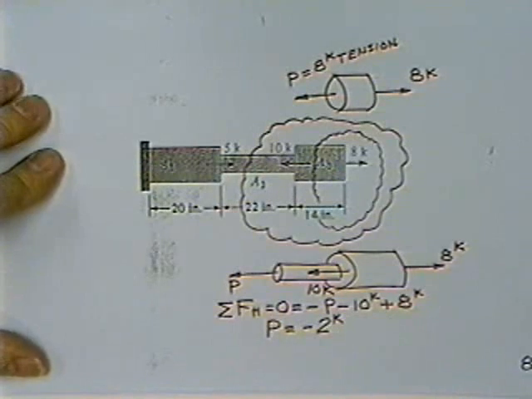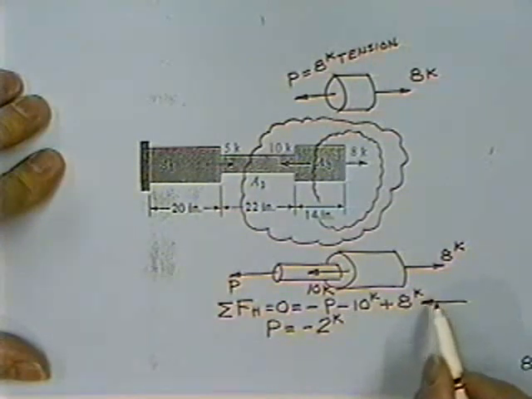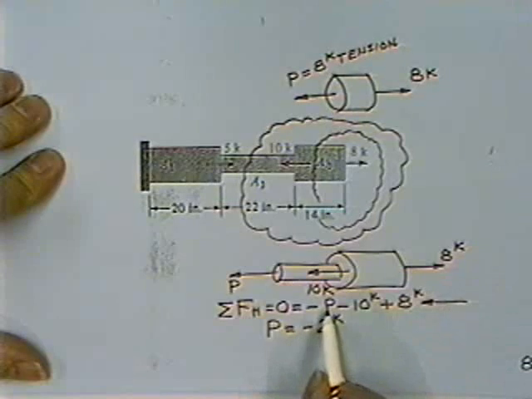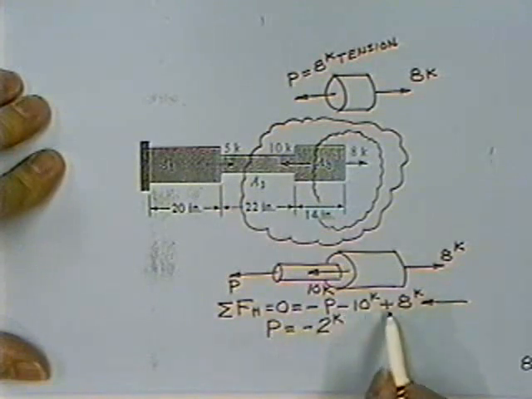Now, the minus sign really does not mean that P goes left or that P goes right. In this equation, when you said minus P, the minus P really meant something. It meant it goes to the left. The minus 10 meant it really goes to the left. The plus 8 means it really goes to the right.